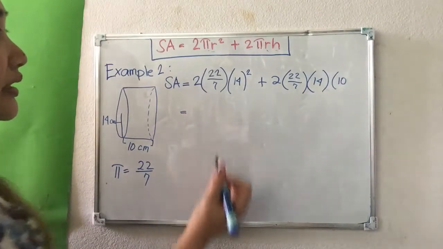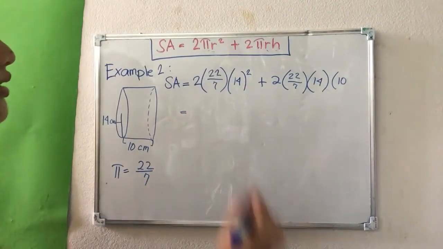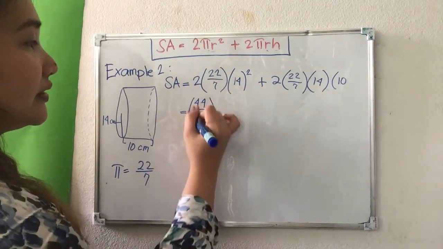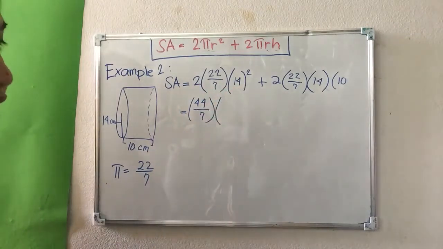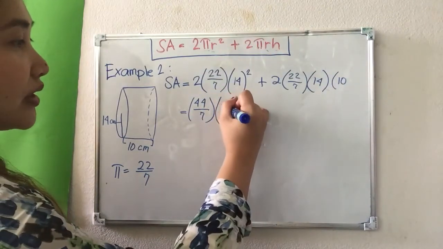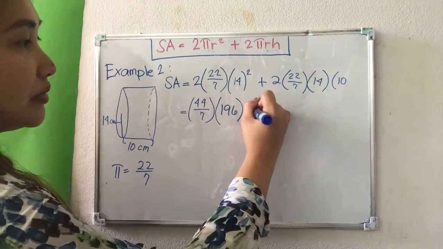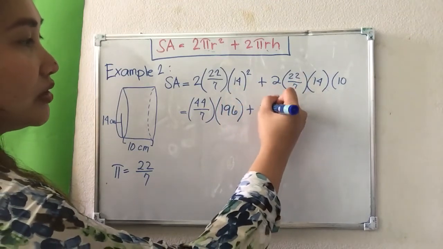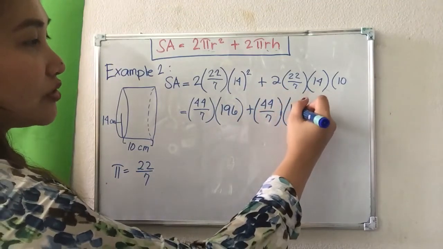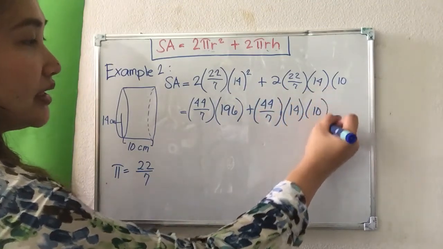Let's simplify this one. That is 44 over 7 times 14 times 14, or 14 squared, that is equal to 196, plus 2 times the same 44 over 7 times 14 times 10.